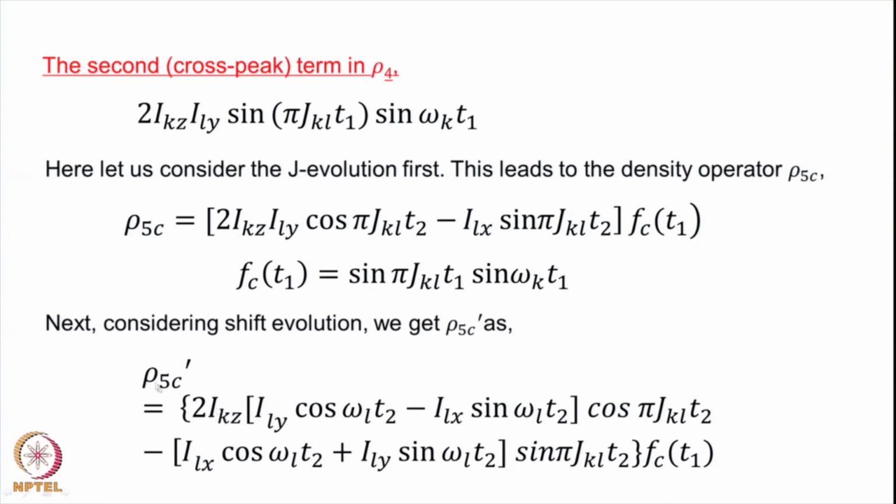So, this gives me rho 6C dash, and that I write here as 2 ikz ILY evolves now with the frequency of omega L. So, ILY cosine omega L T2 minus ILX sin omega L T2, and this cosine pi j k L T2 comes from here, and then this term is minus ILX cosine omega L T2 plus ILY sin omega L T2 sin pi j k L T2, and to the whole thing you have this FCT1. So, the one inside the bracket is due to the evolution under the chemical shift.